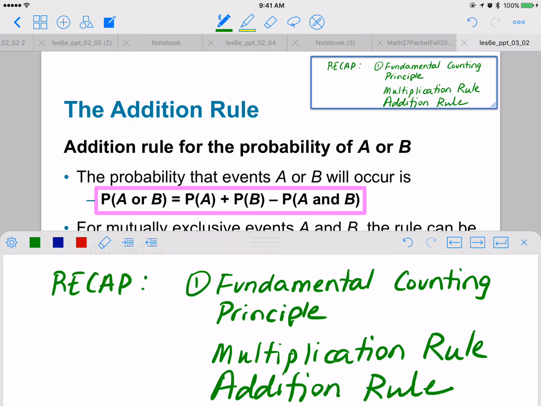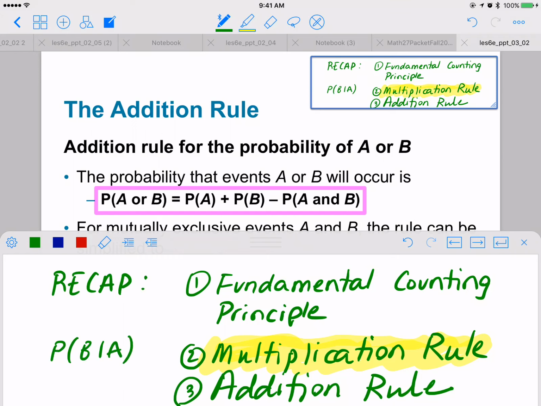Okay, and so these three rules are going to be the foundation for us computing probabilities. The one that we are actually going to use the most perhaps is the multiplication rule, because the multiplication rule involves the probabilities of P of B given A, conditional probabilities, right?